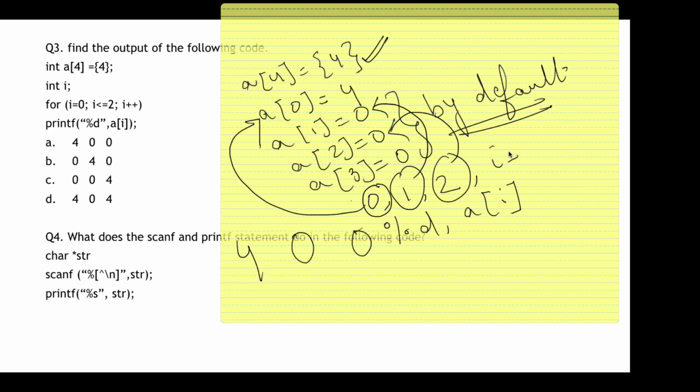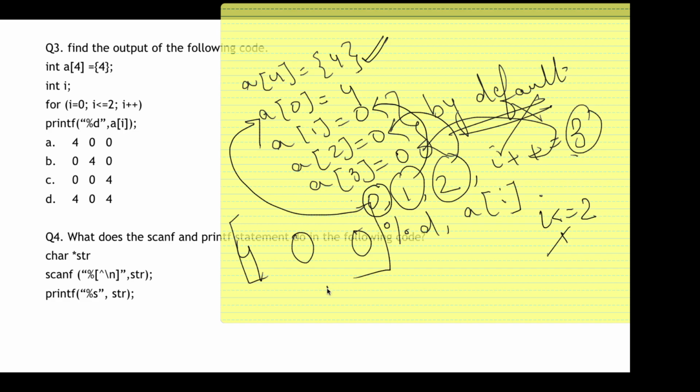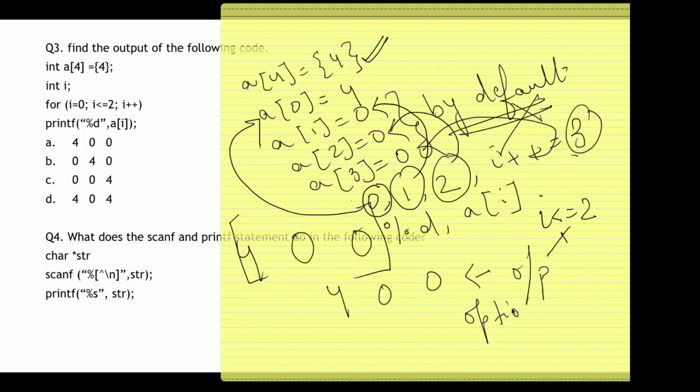The moment at I plus plus, the I value becomes 3, it will again check I less than or equal to 2. Is this true? No, it's not true. So the loop body will not be executed. This will be my answer, that is 4, 0, 0. This will be the output. I think that is in option A. So option A is my answer.